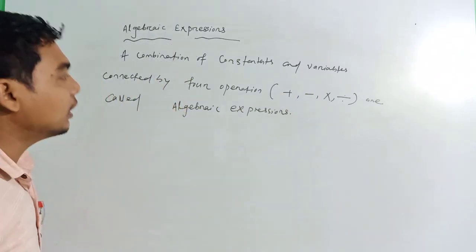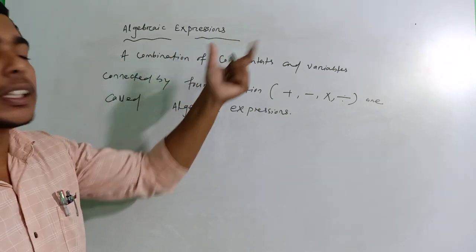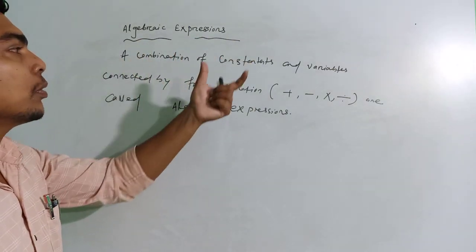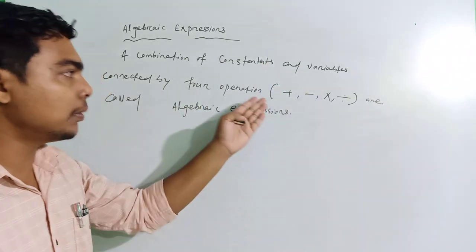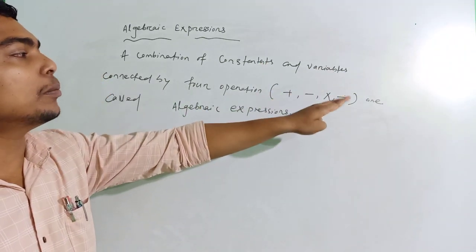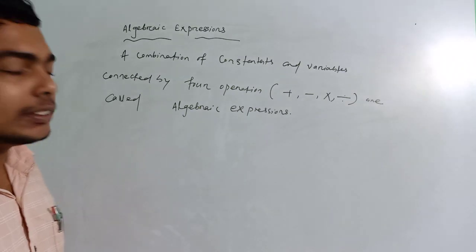We have discussed well. You know what an algebraic expression is: the combination of constants and variables connected by four operations plus, minus, division, multiplication are called algebraic expressions.